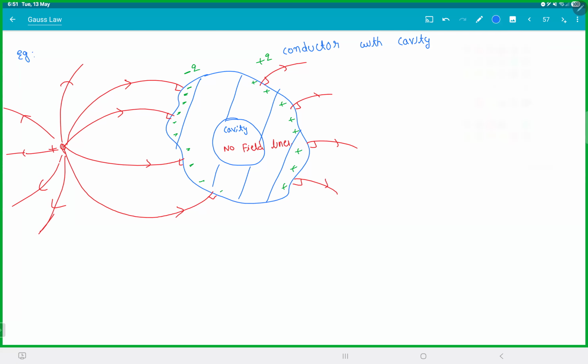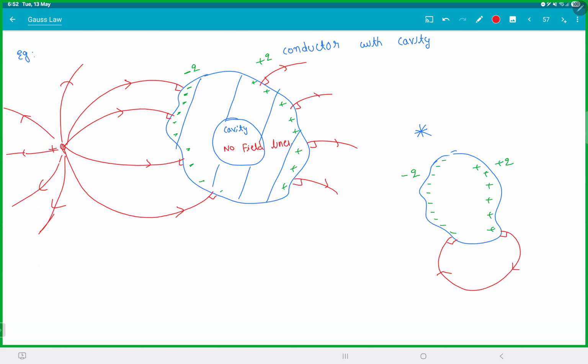Now we can answer something here. There's one more theoretical question you can ask. On this conductor, you're saying there's a minus charge, and you're saying there's a plus charge. So is it possible to have a field line coming from here to here? Because we studied field lines go from positive to negative, isn't it?